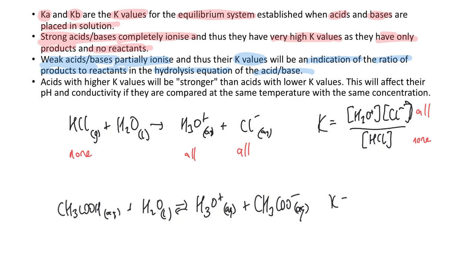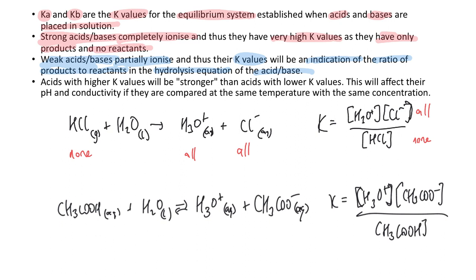So the K value will be [H3O+][CH3COO-] over [CH3COOH]. Because this is a weak acid, lots of the acid is here and very few of these. So you're going to have a few over lots, and therefore the K value is going to be very, very low.